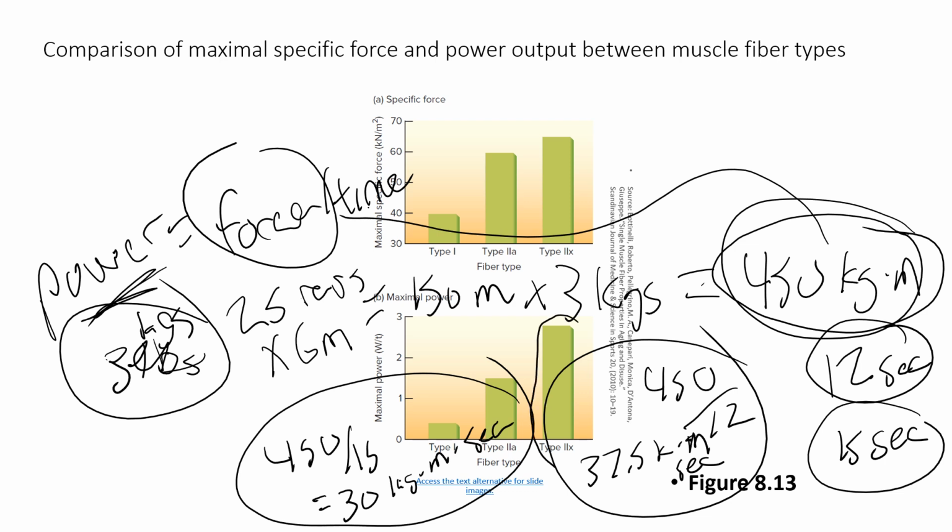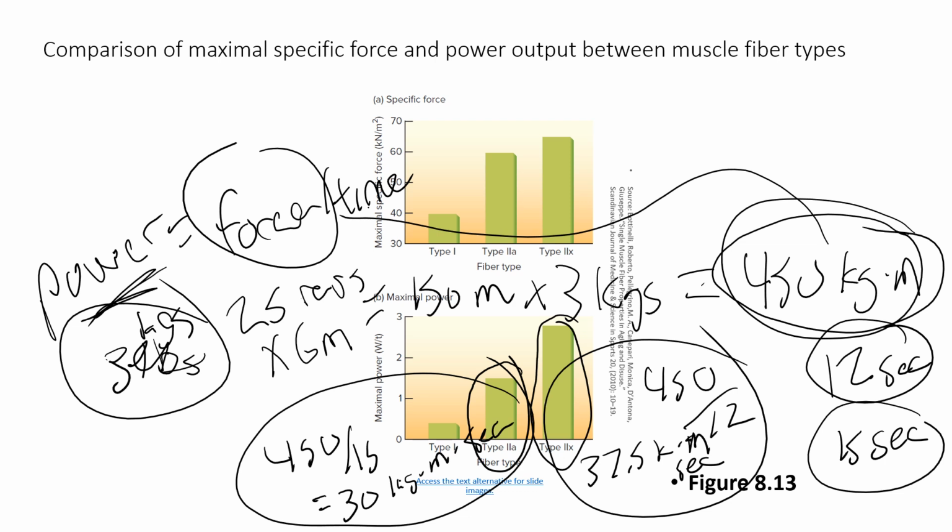Type IIx muscle fibers are much more powerful than type IIa muscle fibers are. They can produce about double the amount of force. My example didn't do justice to this, but they can produce about double the amount of force over time compared to type IIa muscle fibers.